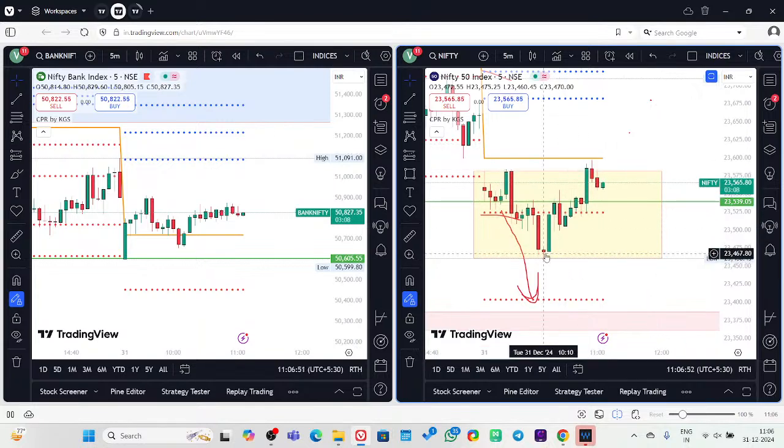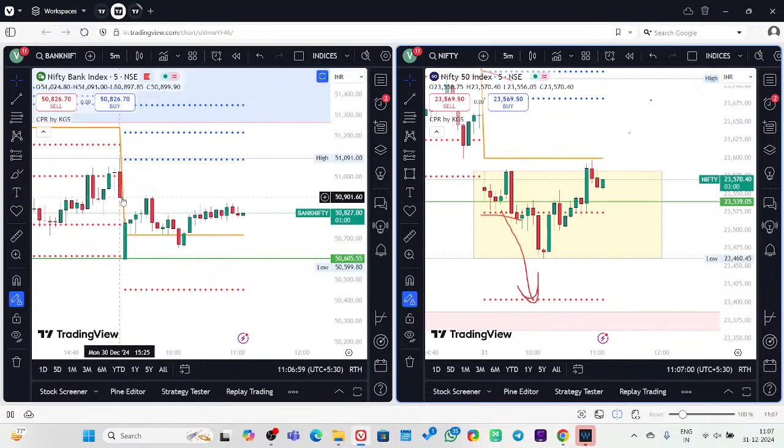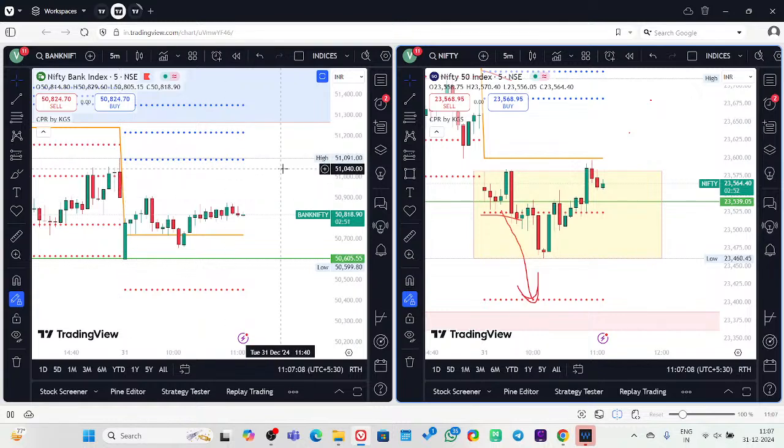This is the first 1 hour's high and low. There is a good rejection candle from the initial balance high.